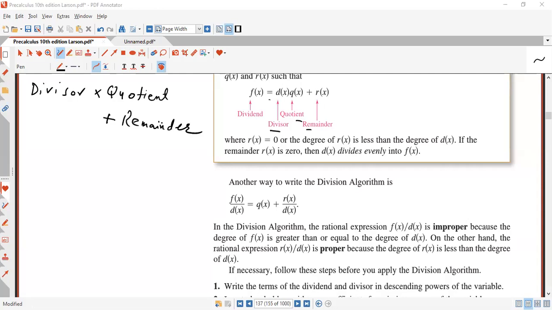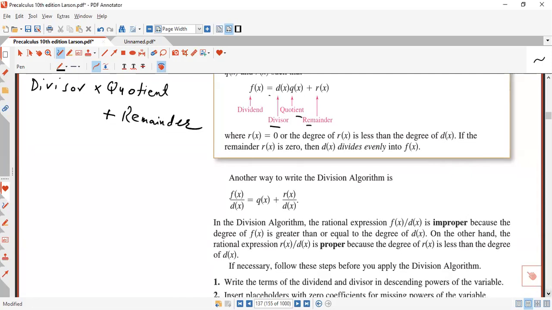So let me complete. I was telling you there is a relation between these four things: dividend, quotient, divisor, and remainder. I gave you the example with numbers.